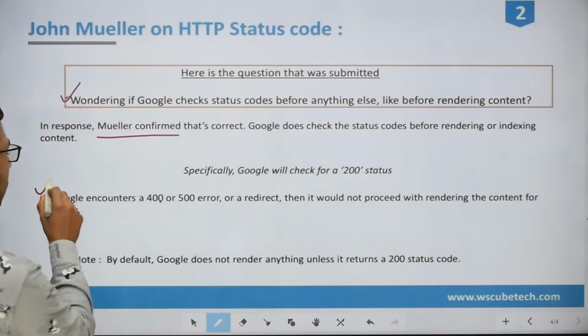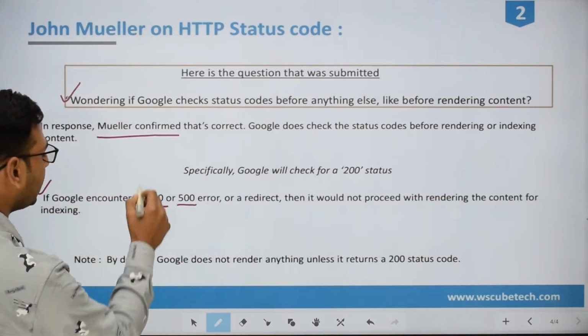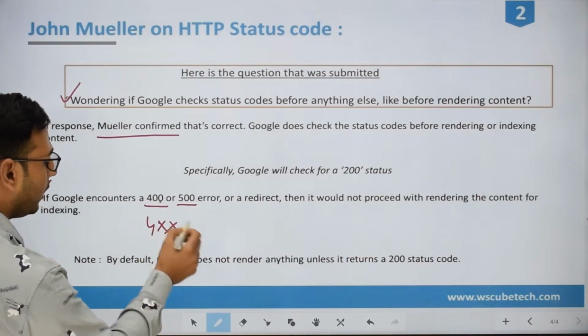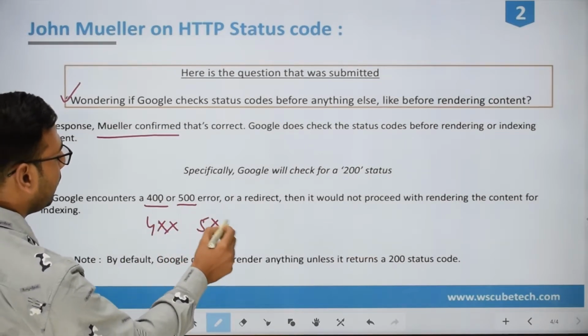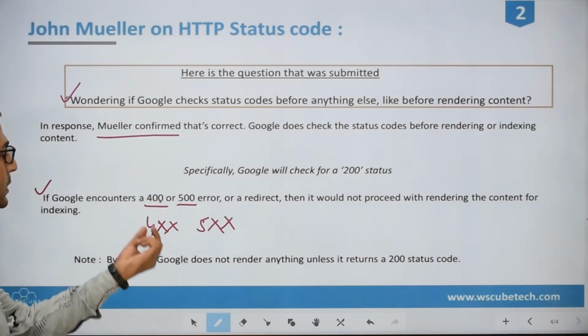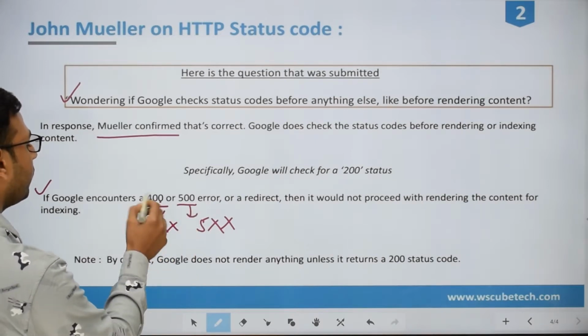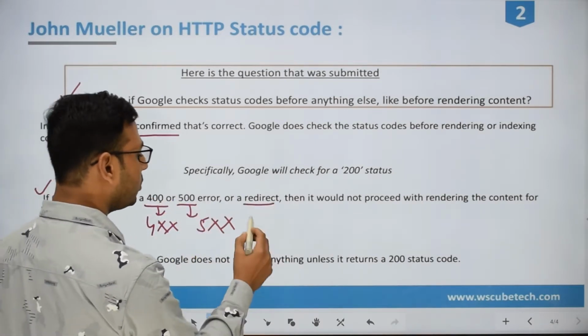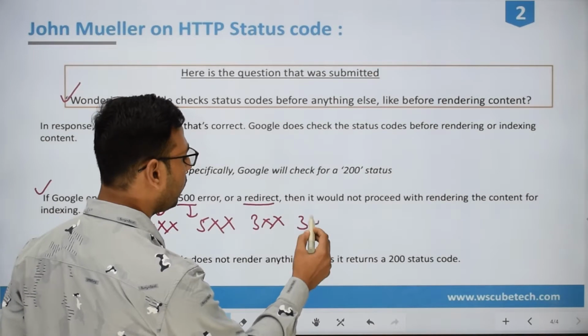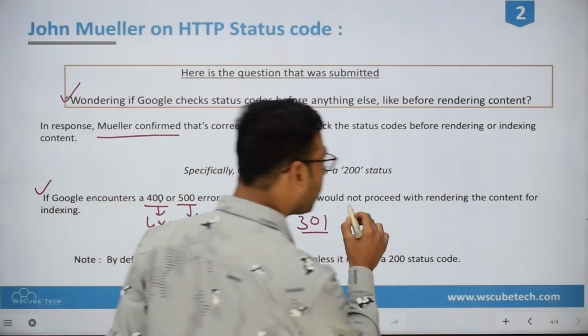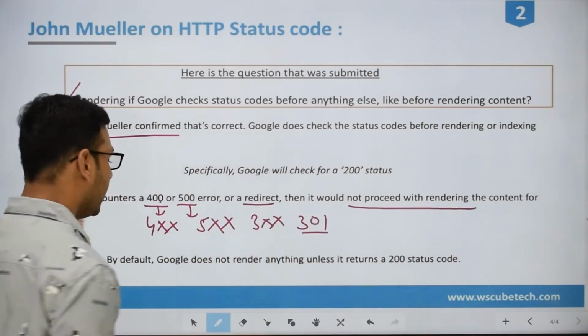So, if Google encounters a 400 or 500, or anything beyond 4 or after 5, these are the notations of the codes, or a redirect also like 301 or something like that, then it would not proceed with rendering the content for indexing.